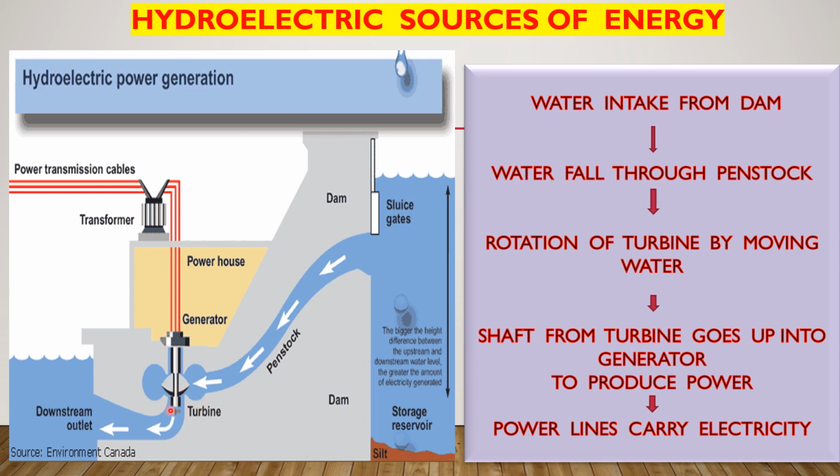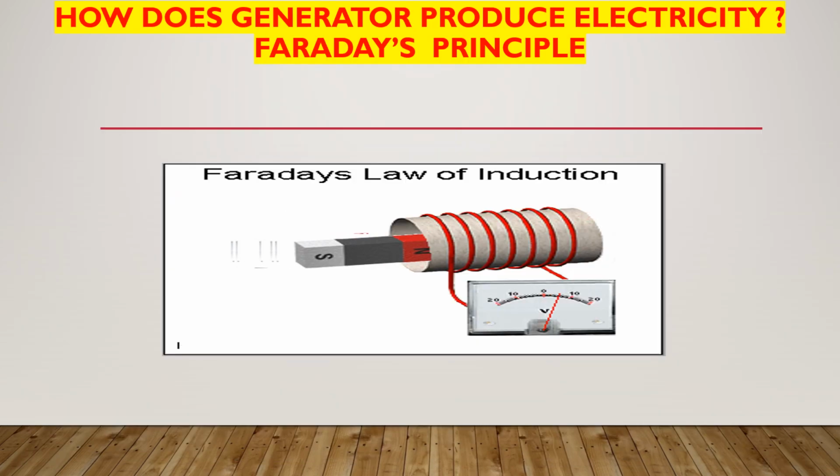That rotation of the turbine, in fact, produces power through generator, and power lines carry electricity, identified with this, marked with this red color lines. Okay, so let us be clear with the next slide on how the electricity is produced by generator.